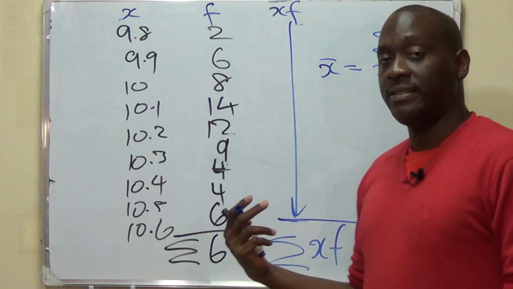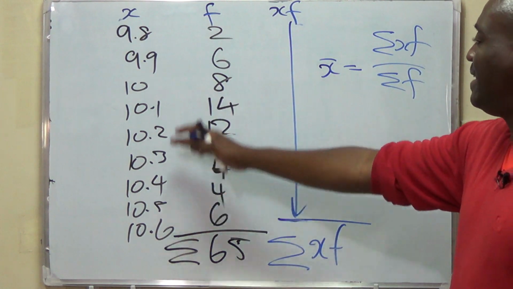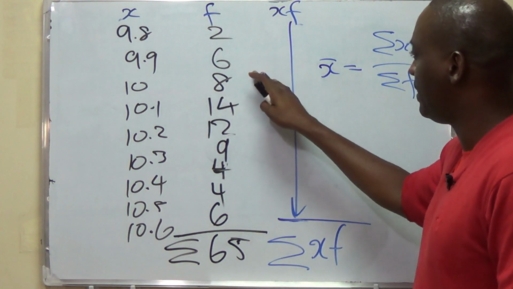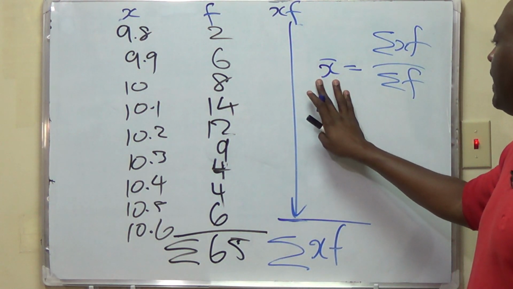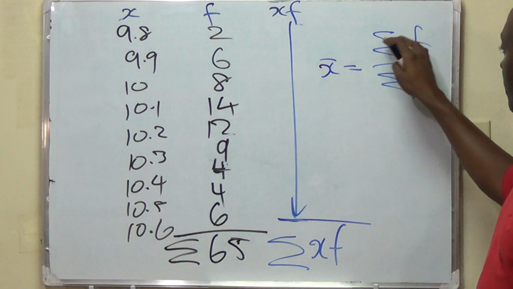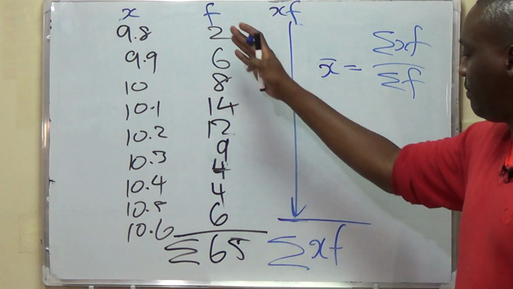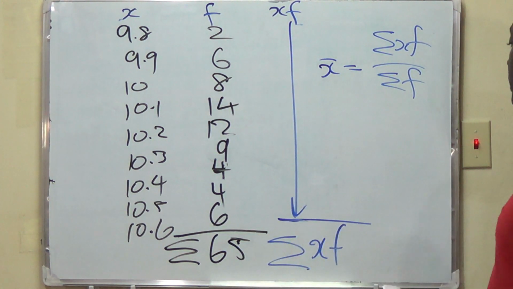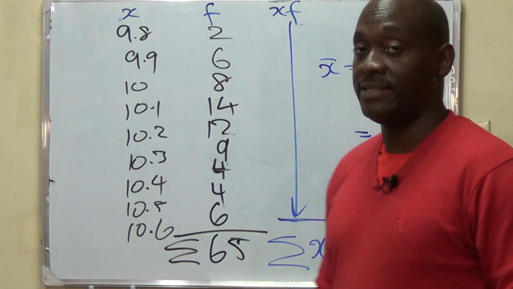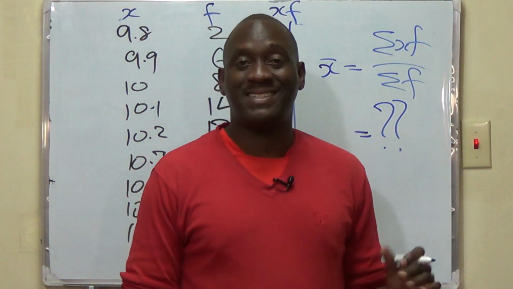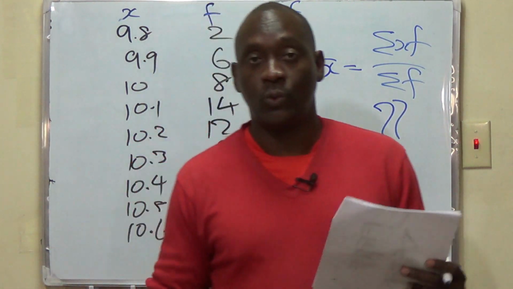So if you have a case like this, where you have measures and each measure occurs with a particular frequency, then the average, which we write as X bar, X with the bar on top, will simply be the sum of the product of X and F over the sum of all the F's, and that will give you a mean, whatever the value is. You could work that out as a separate exercise just to give yourself a little practice in this kind of calculation to deal with a possible paper 2 context.